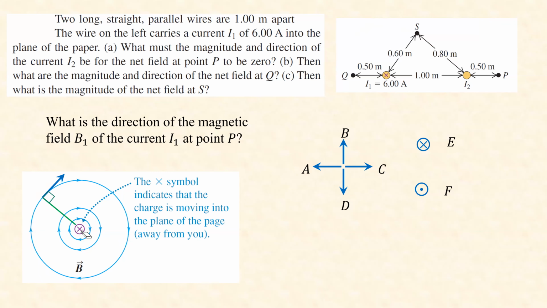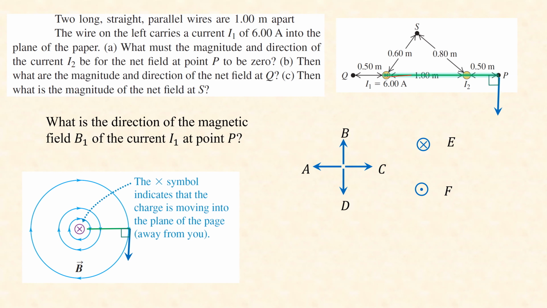What we mean by that is that the magnetic field at any point is tangent to these circles. Means at this point, the field is this way. At this point, the field is that way. At this point, the field is this way. At this point, the field is that way. Does it make sense? So the field is always perpendicular to the radial direction, and just the right-hand rule shows which direction.